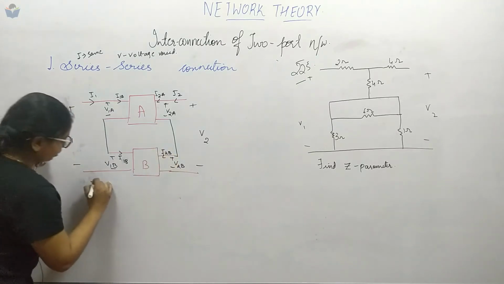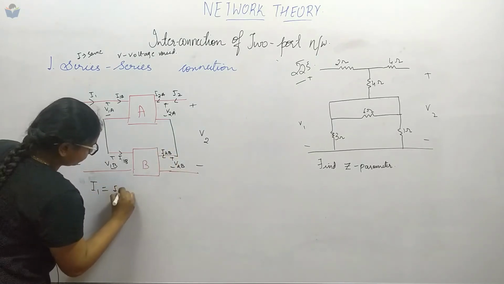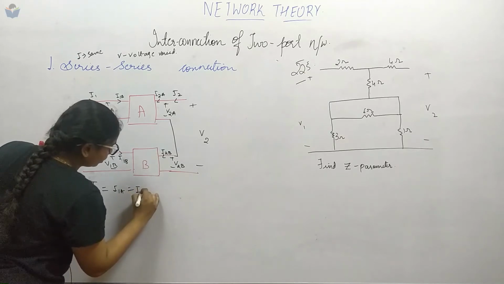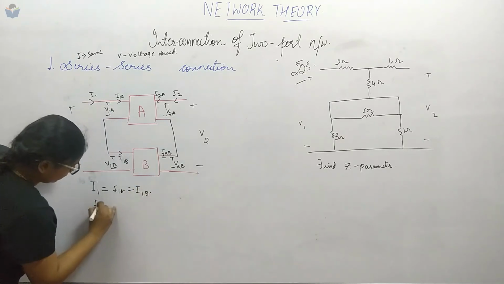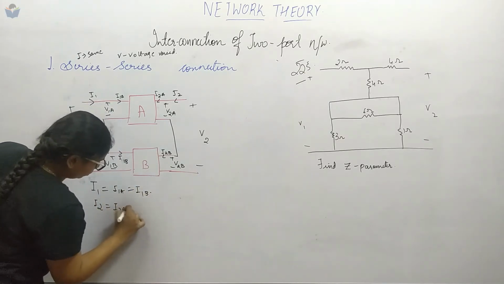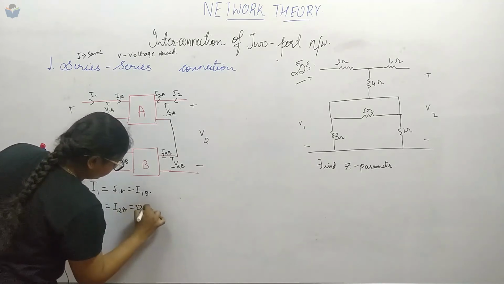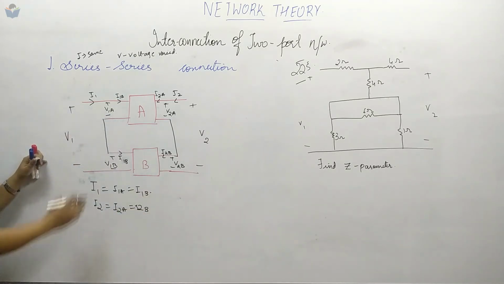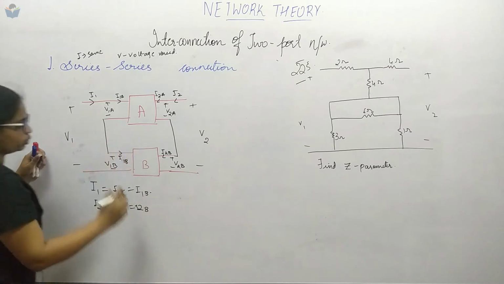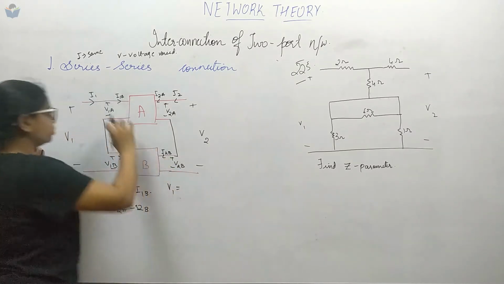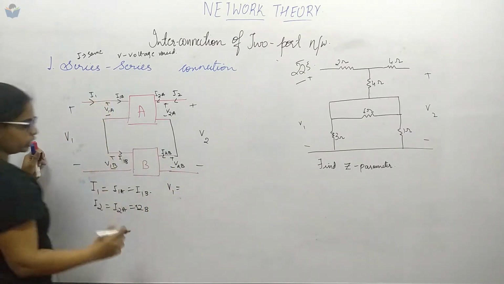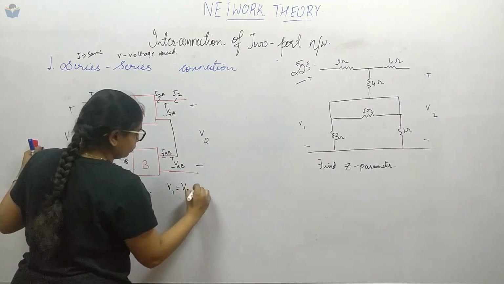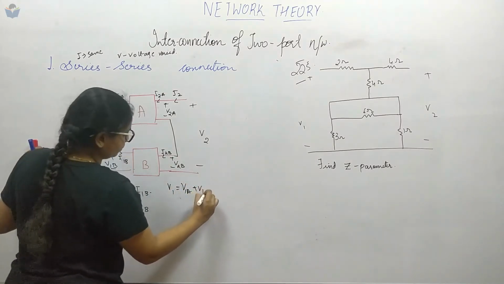What is the same? I1 is equal to I1A equal to I1B. Similarly, I2 is equal to I2A and I2B. But what is varying is V1 and V2. V1 is equal to the sum of these two voltages, V1A plus V1B.